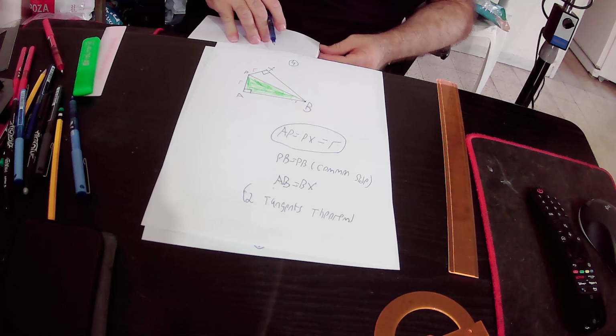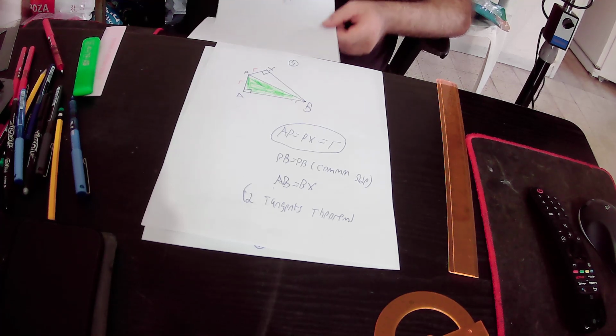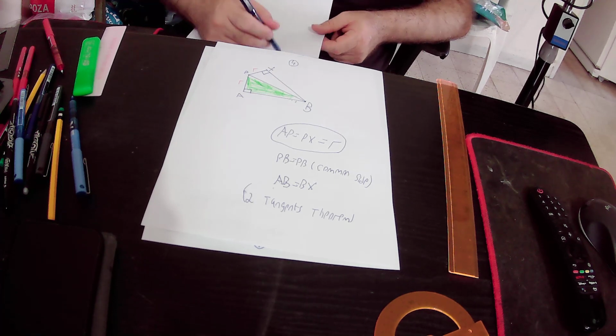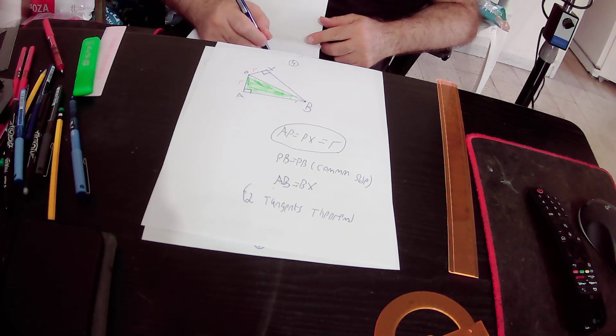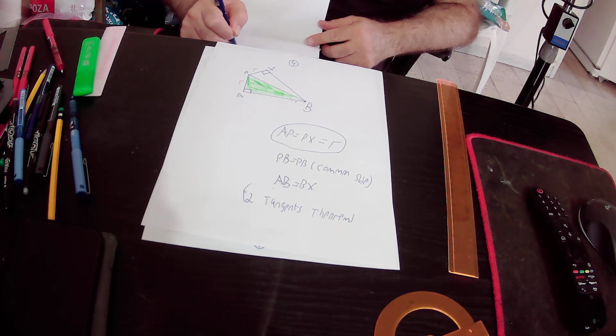Okay, so I write it down. So triangle APB, the green triangle, is congruent to triangle PBX, the white triangle, according to the side rule.